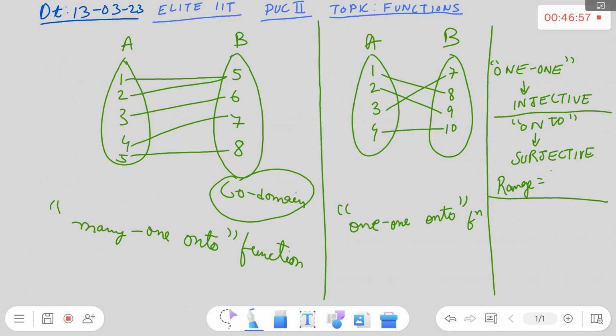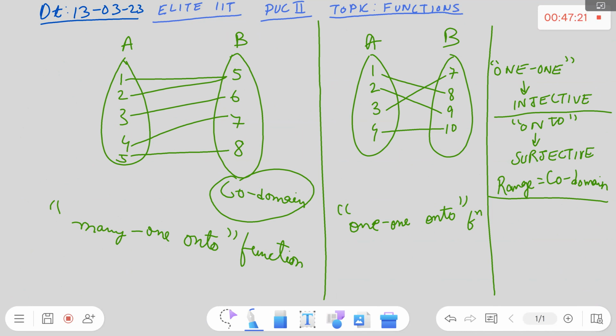What is the range set? It is a subset of the codomain. And the range set is the set of all images. Here, which are the images? All the elements. So range will be equal to the codomain, isn't it? Understood? Won't range be equal to the codomain? Yes or no?